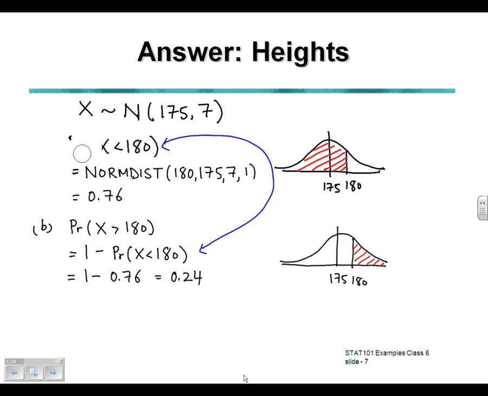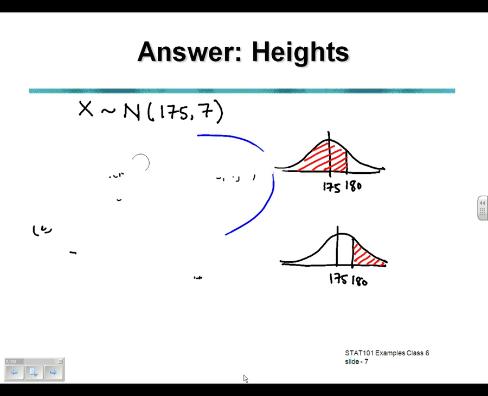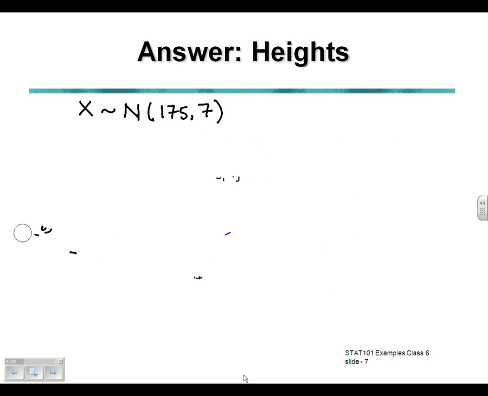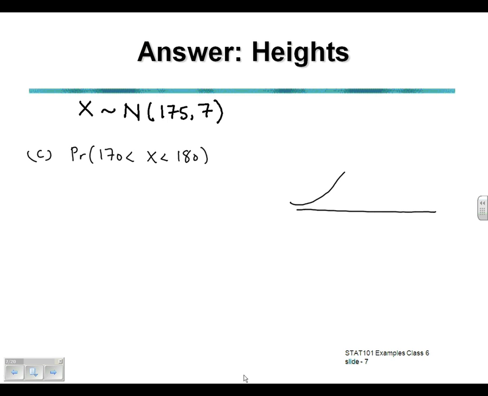And then to do part C. Now, part C is an area between 2 values. We're looking in part C for the proportion of men who are between 170 and 180 centimeters tall. So we want the probability that x lies between 170 and 180. Again, drawing our diagram with the mean in the middle, 175, we have 170 on the left-hand side and 180 on the right-hand side of the mean.